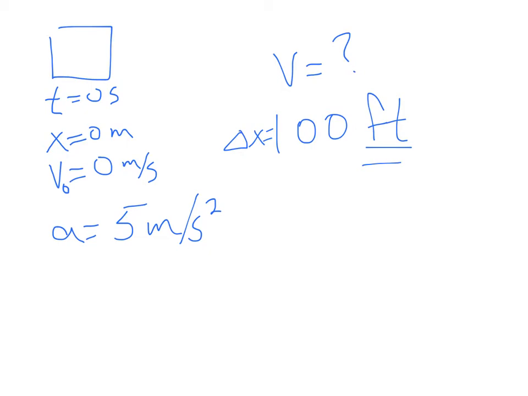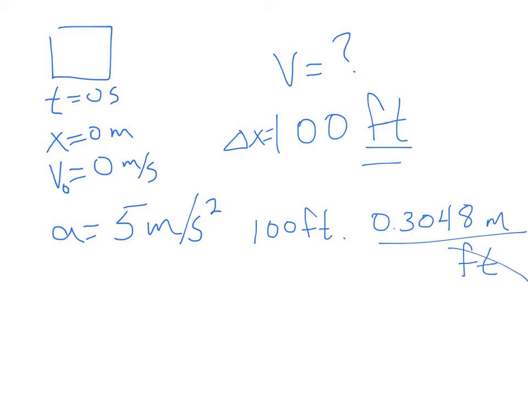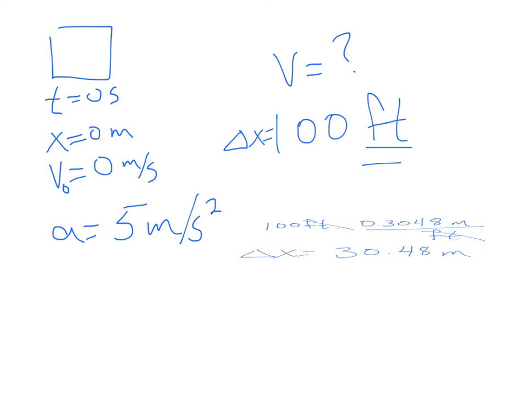To convert 100 feet, we want to take the 100 feet and multiply by a conversion factor of 0.3048 meters per foot. So that cancels out with the feet, and we get our displacement to be 30.48 meters.